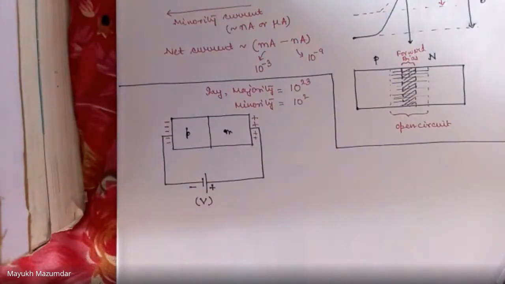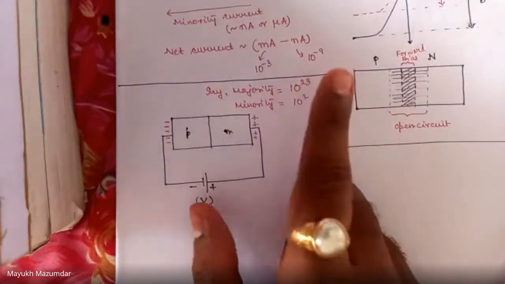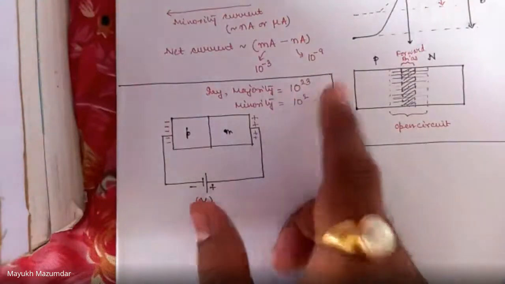See, if the majority carriers are active, that is, if current flow is due to their motion, then whether minority carrier is flowing or not will not hamper the overall current flow at all. Okay. If this many carriers are active, then the activity of the minority becomes negligible.